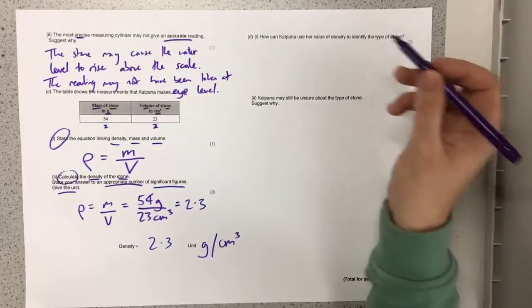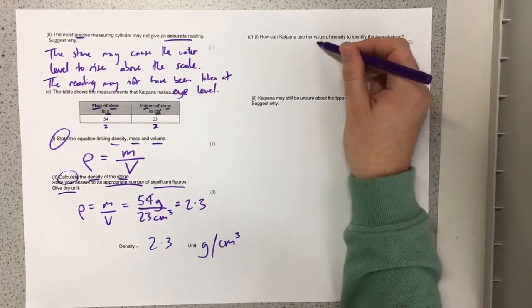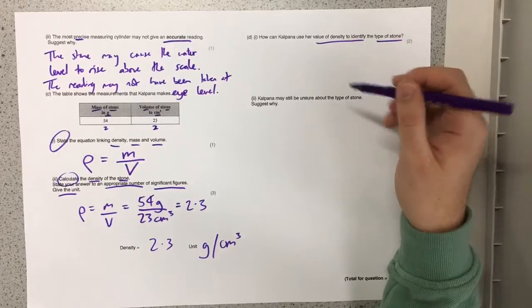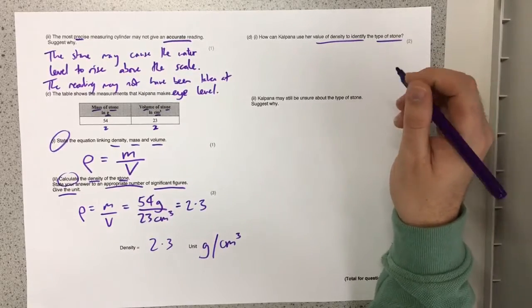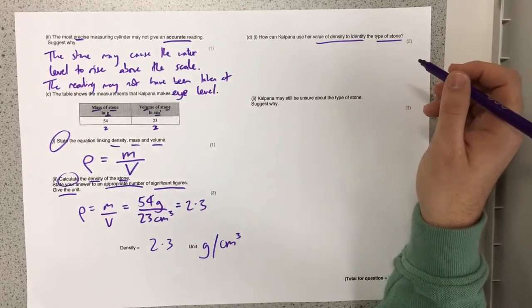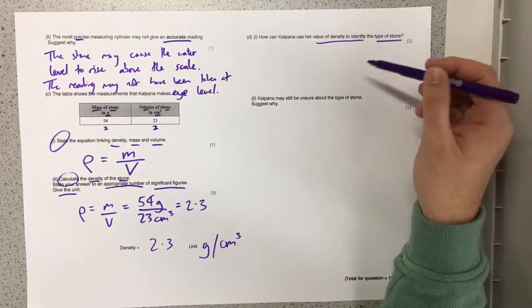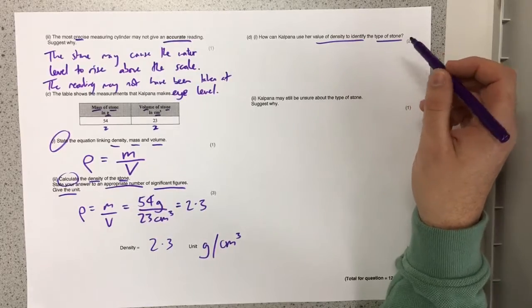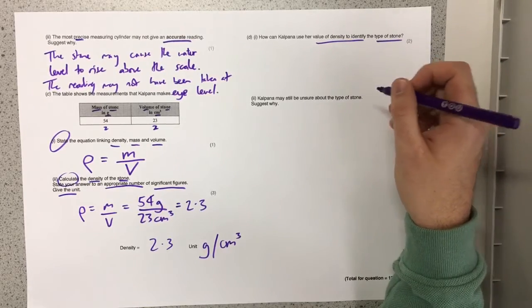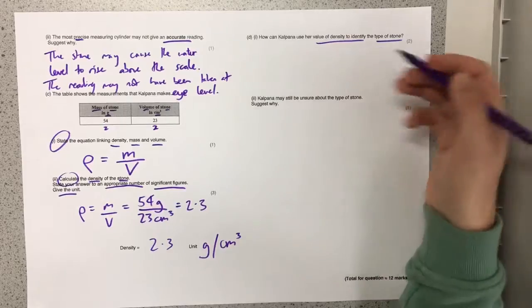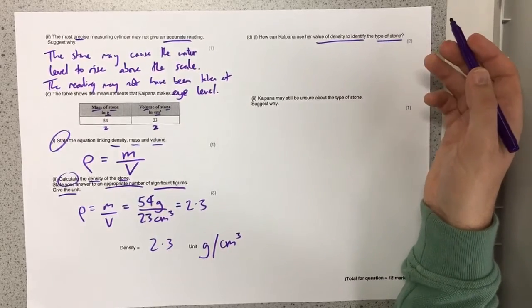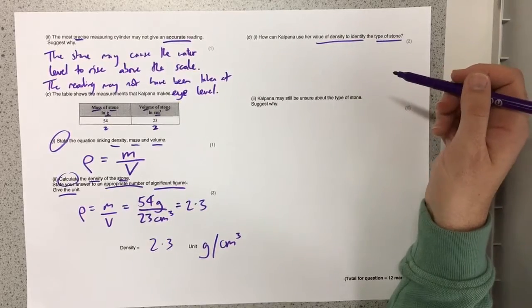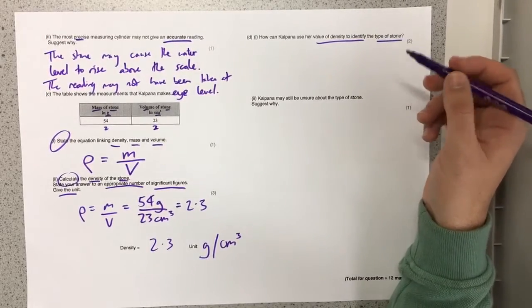Part D asks, how can Kalpana use her value of density to identify the type of stone? Now, this is one of these questions that I think students get quite confused at, because actually the answer is so simple that they spend so much of their time in physics exams really thinking hard, sometimes they forget the obvious things. So it's simple. Look up the density of some stones on the internet or in a book, and then compare the density of the stone that you found.